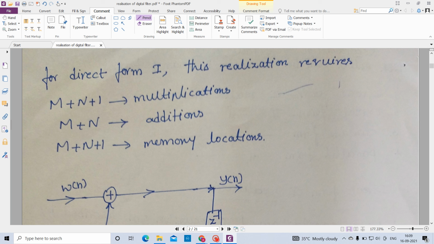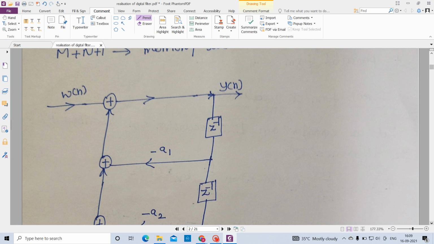So the required number of multiplications is m plus n plus 1, and the number of additions is m plus n. We need memory locations to store the multiplication results, so the total number of memory locations required is m plus n plus 1. That's all.